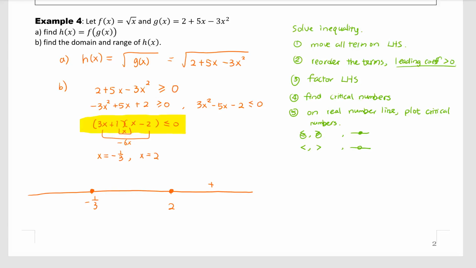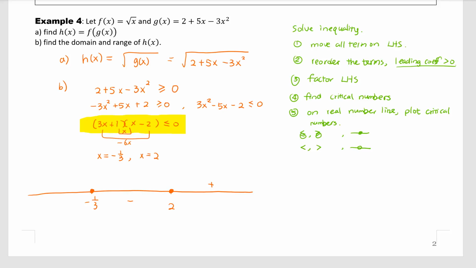How about the second interval? We can plug in 0, right? 0 is in this interval. When we plug in 0, the first factor is 1, the second factor is negative 2, so positive times negative is negative, right? And then how about the left subinterval?